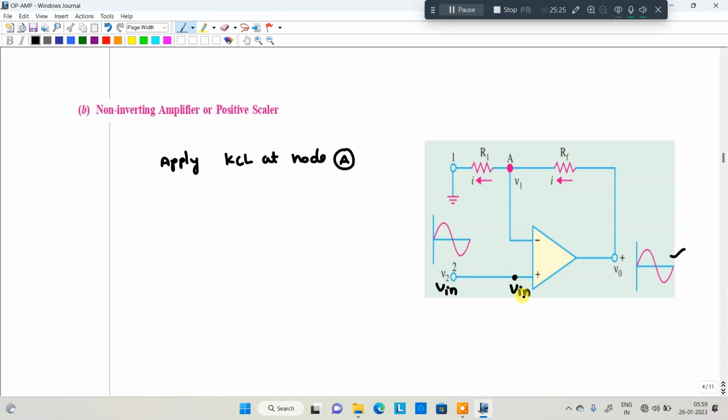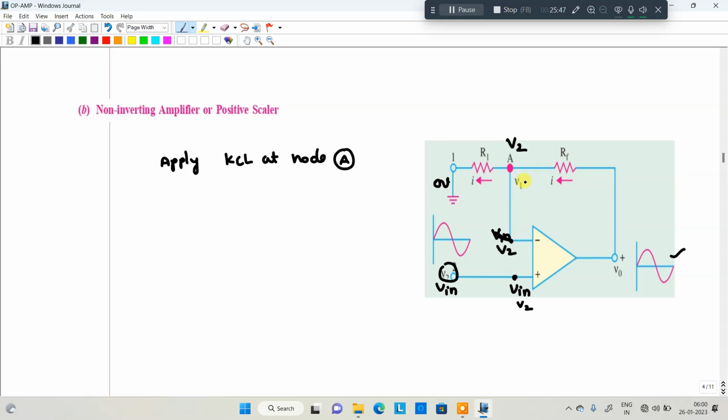So Vin is the same as here. Otherwise you can notate it as V2 also, no issue. So I can mention V2. This potential is nothing but V2 according to the virtual ground concept. Now the voltage here, of course, is V0.